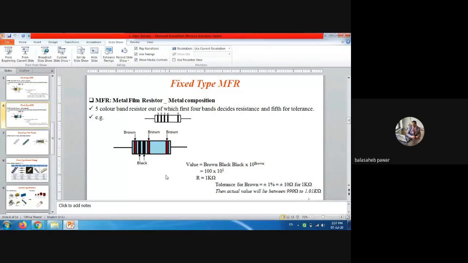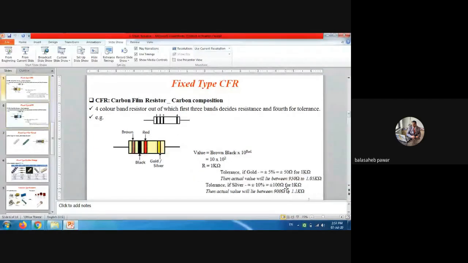So here I just want to end this. See, the fifth band is for tolerance, and the assigned number is 1. That's why the tolerance is only plus minus 1%. So for 1 kilo ohm, the tolerance will be only plus minus 10 ohm. In the previous case, with golden color, 5%, tolerance was plus minus 50 ohm.